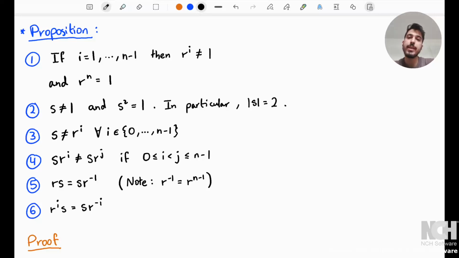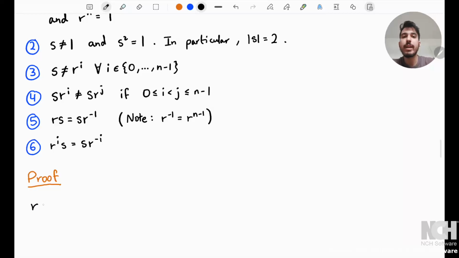And we will see that s r to the minus 1 sends the vertex to the same position as r s. So to keep things properly organized, part 5: we see that r s sends k where? It sends k to r applied to s of k. So we will apply s of k first, and then we will apply r on the result of that.